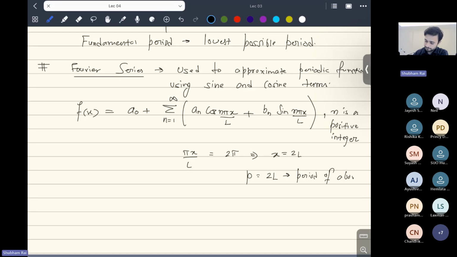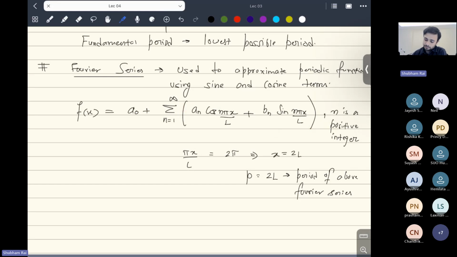In the above Fourier series, this is the periodic function, and we are expressing this periodic function in terms of summation of these terms, and all these terms combined together have a period of 2l.